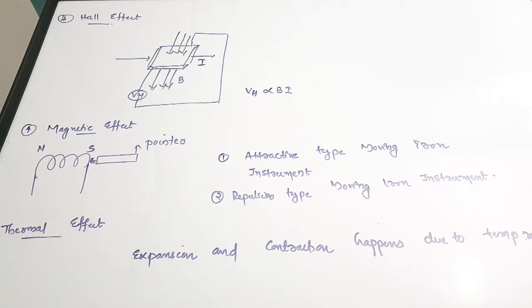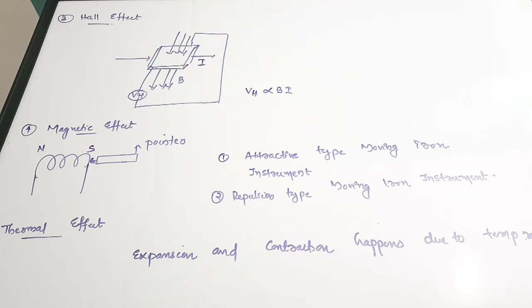The fourth category is the instruments which make use of magnetic effect to move the pointer. In this video we are discussing the various categories of indicating instruments. In all these instruments there is a pointer, and we are discussing what effect these instruments make use of to move the pointer.